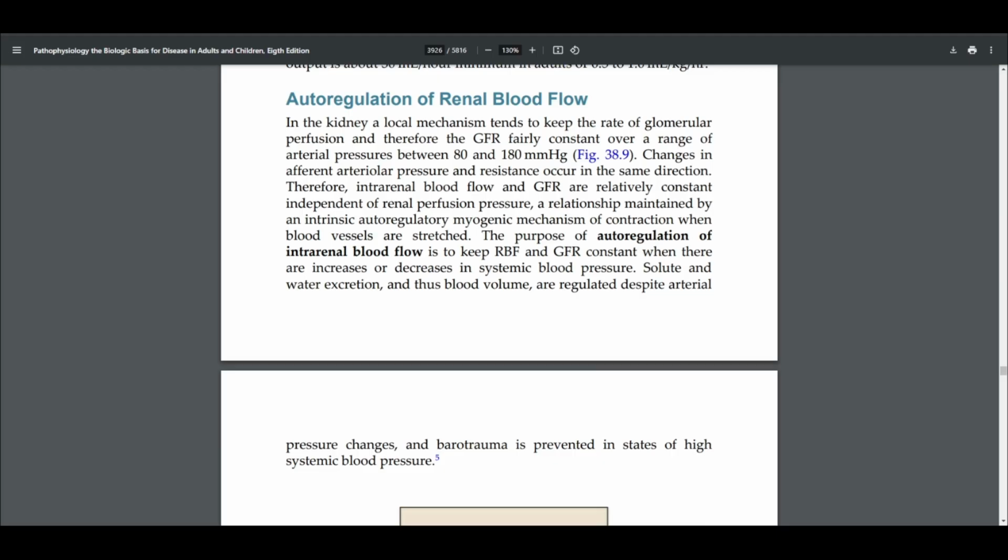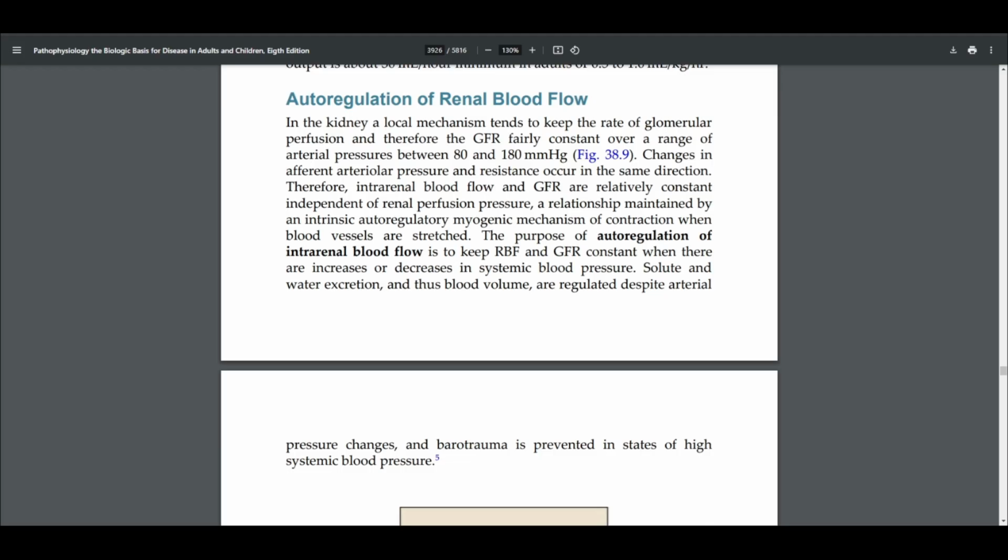Changes in afferent arterial pressure and resistance occur in the same direction. Therefore, intrarenal blood flow and GFR are relatively independent of renal perfusion pressure, a relationship maintained by an intrinsic autoregulatory myogenic mechanism of contraction when blood vessels are stretched.